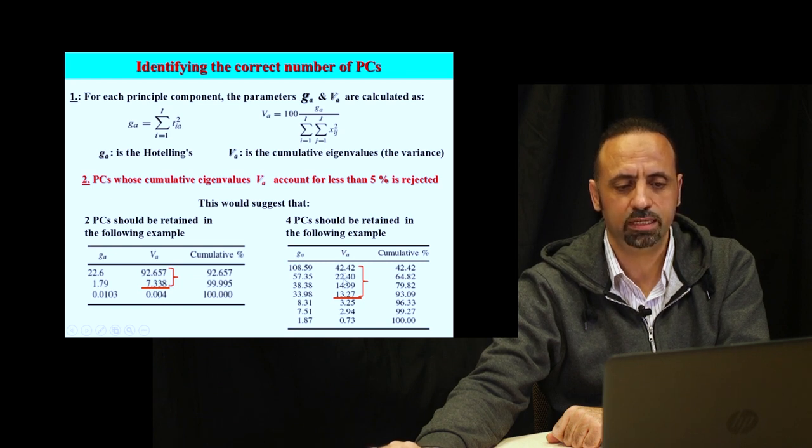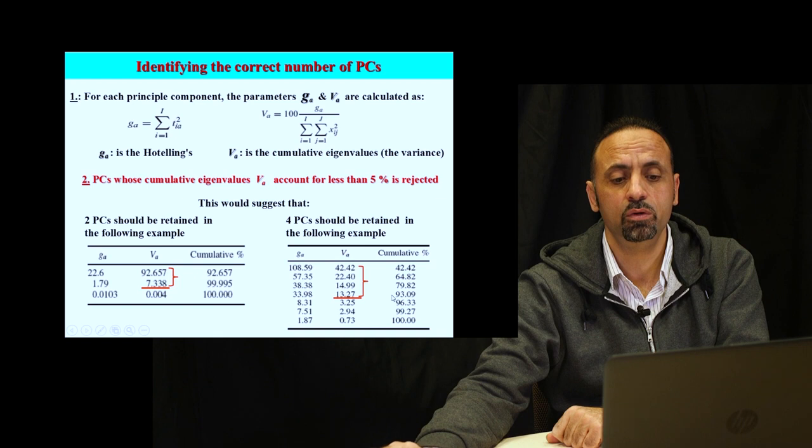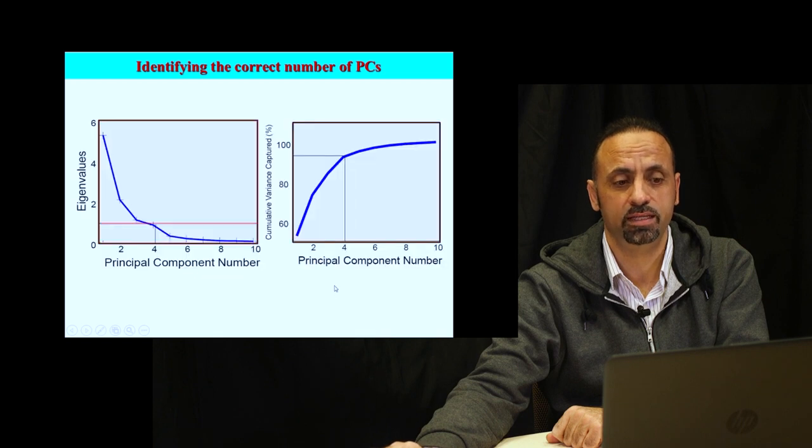If you look at the Hotelling's and then the cumulative percentage, you can see the third principal component is not good enough because it is less than 5%. That's why I consider only the first components in this example. So 2 principal components are enough for this data, and 4 principal components are enough in this data.